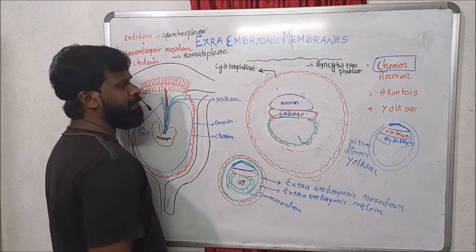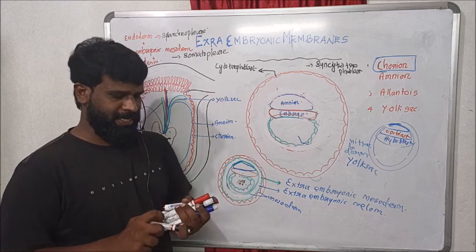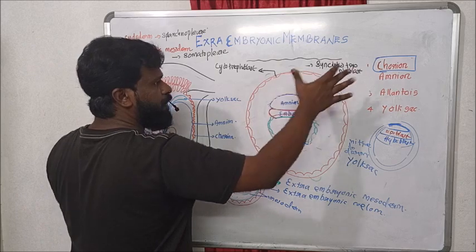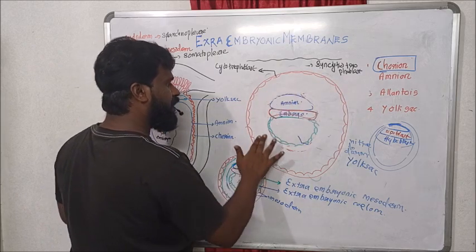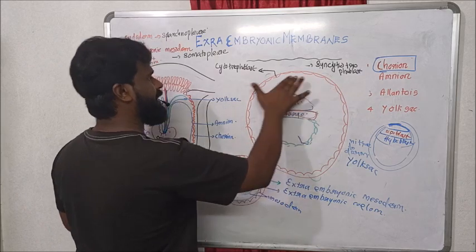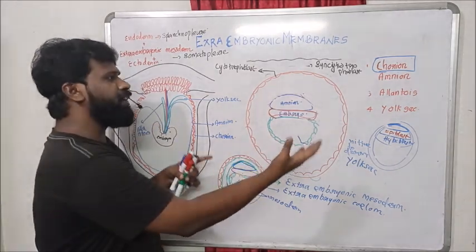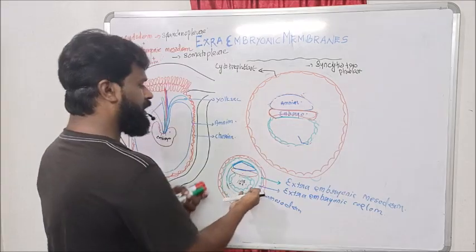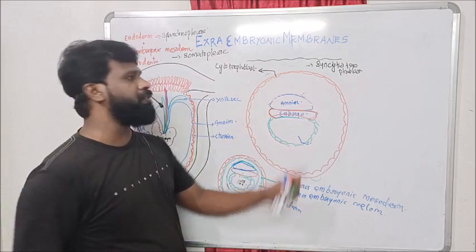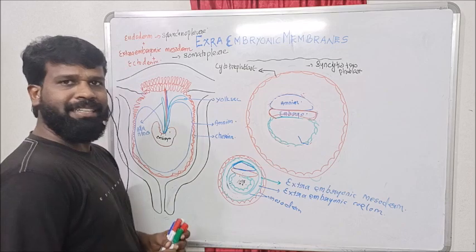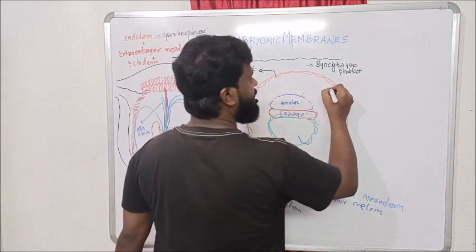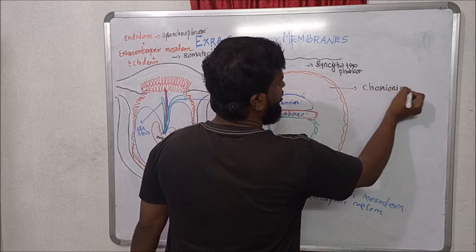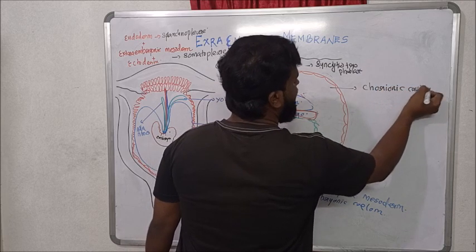The expansion of the extraembryonic coelom develops a large cavity. This new cavity is called the chorionic cavity.